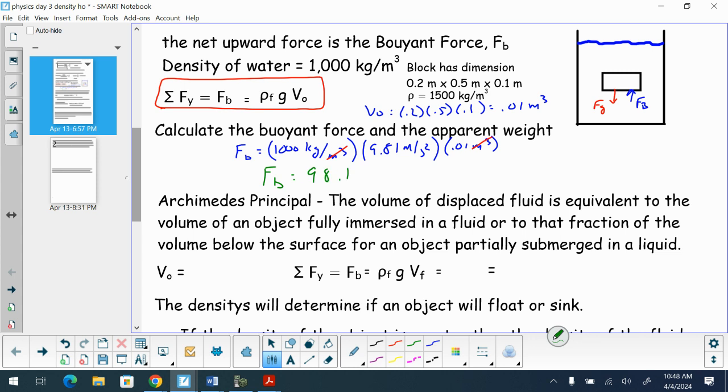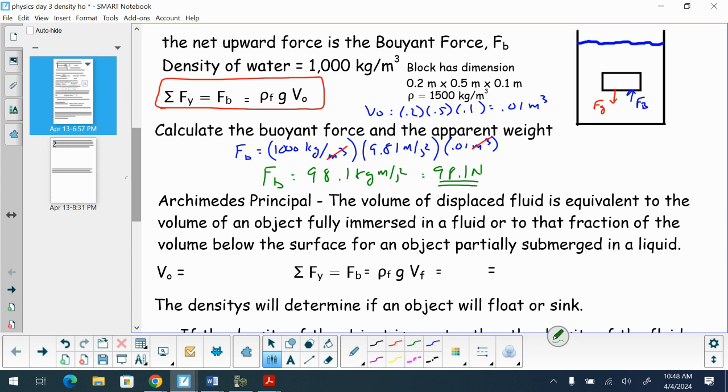You go with that? Okay, and once again, this is kilograms meters per second squared, which is a newton. That is our buoyant force, that is our upward push.